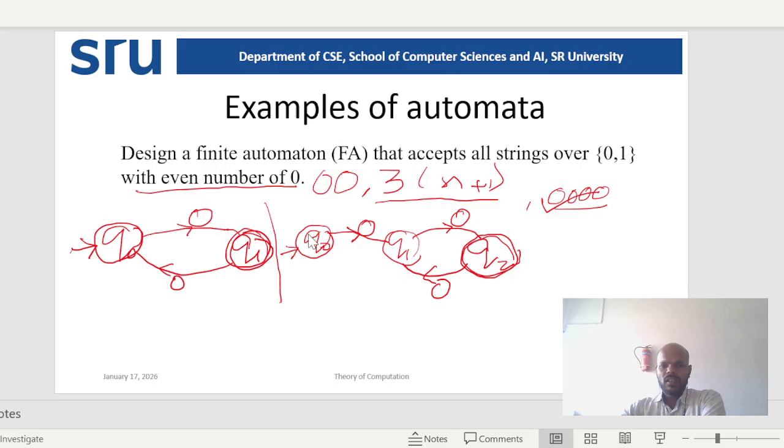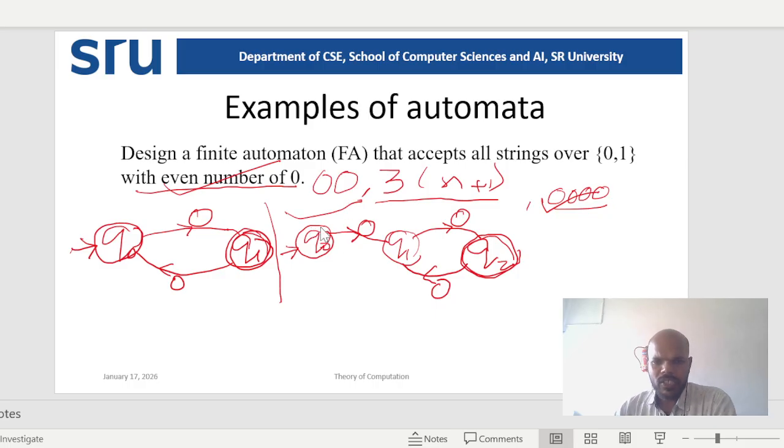Now you check it here. 0, 2 0 accepted, 3 0 not accepted, 4 0 accepted, 5 0 is not accepted, 6 0 accepted, 7 0 is not accepted, 8 0 is accepted, 9 0 is not accepted, 10 0 is accepted, 11 0 is not accepted, 12 0 is accepting. That means that strings with even number of zeros are accepting the strings, right? This is the 3 states automata, right?